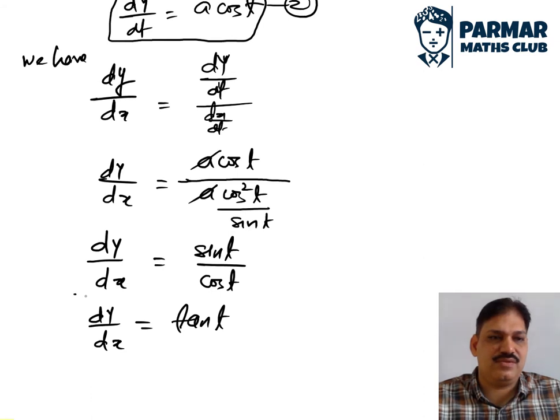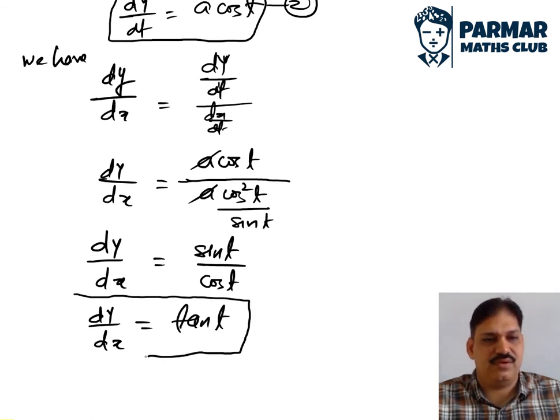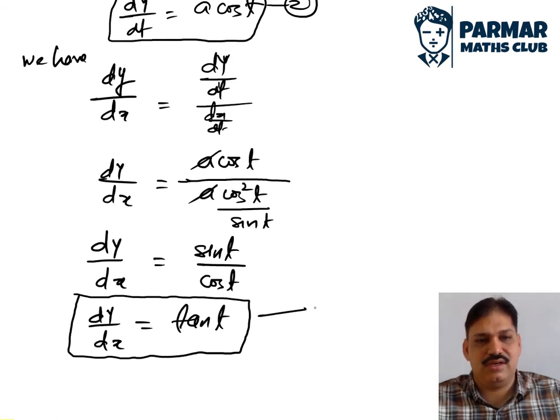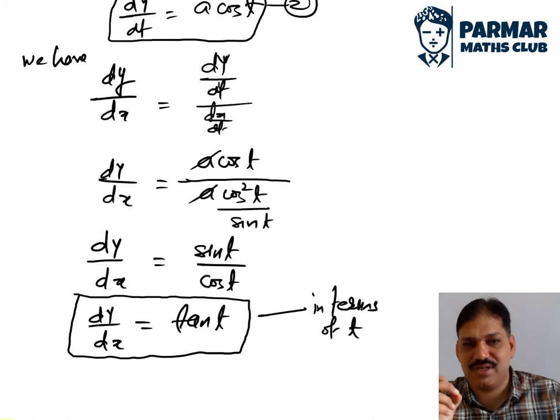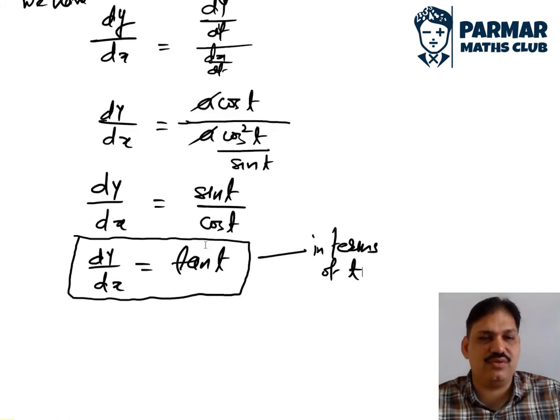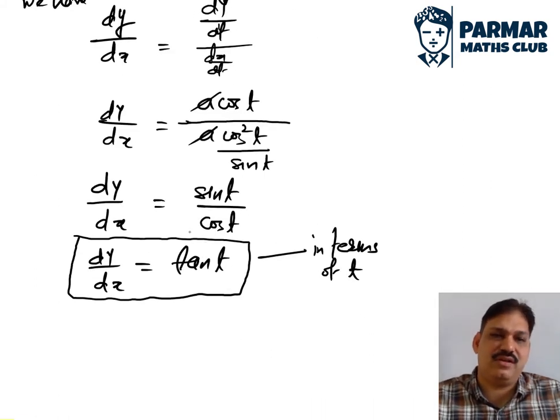Now here is the most important step. Now dy by dx you can see in terms of t, and we want to differentiate it again with respect to x. So chain rule will be applied. That is the most important thing. Now differentiating with respect to x.